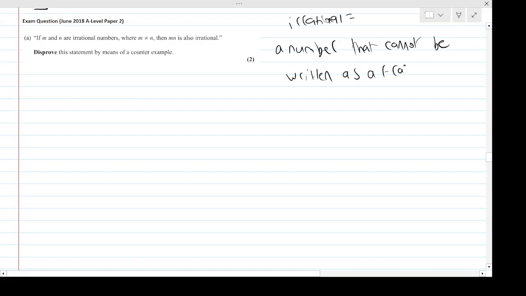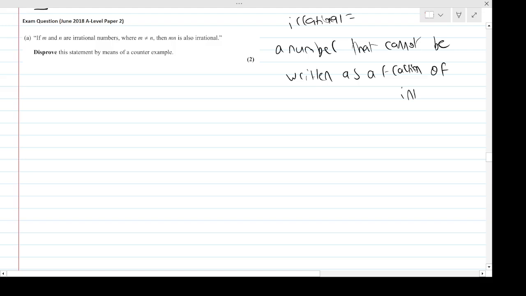Now, obviously the key idea with this question, you need to know what irrational means. That simply means a number that isn't rational. So it's a number that cannot be written as a fraction, basically. And by fraction, I mean a fraction with integers in the top and bottom.